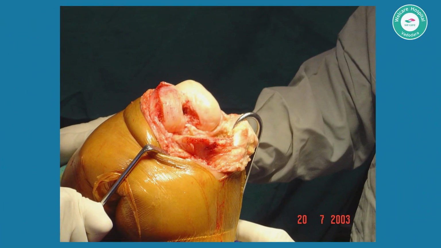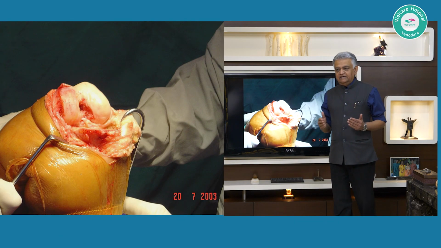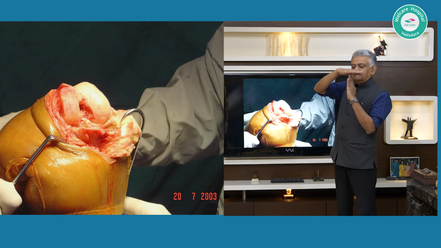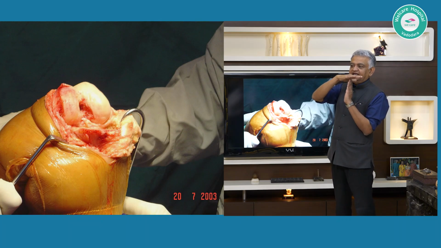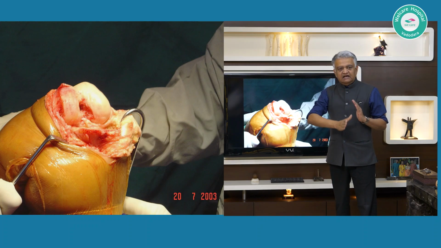Essentially, the two things that we need to keep in mind is the angle at which the proximal tibial cut is made, and that includes whether you are a mechanical aligner or a kinematic aligner. It could be at 90 degrees to the mechanical long axis of the tibia, which means that you ignore the anatomical orientation of the tibial shaft.